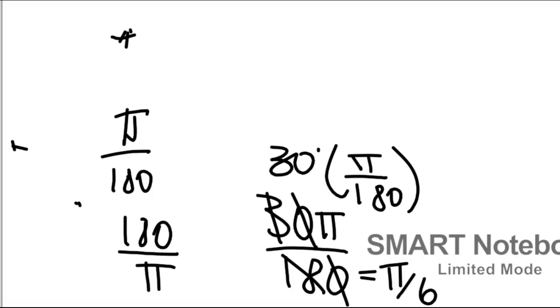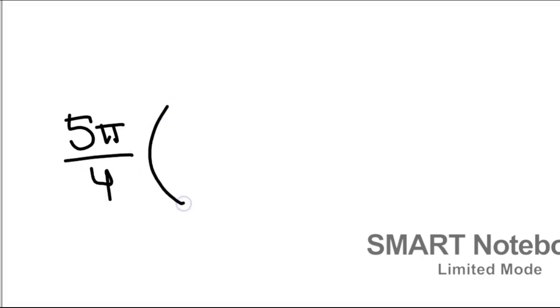If I'm switching from radians to degrees, so here's my radian, 5 pi over 4, and I want to switch it to degrees. I would times by 180 over pi.